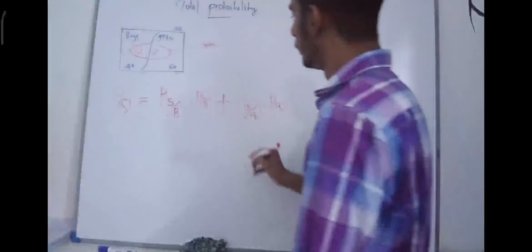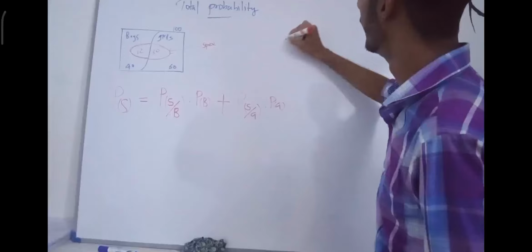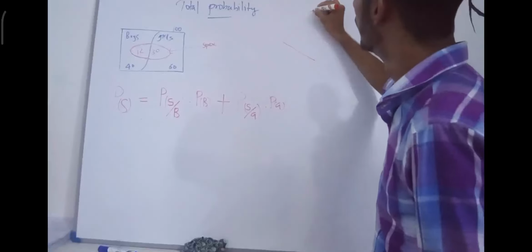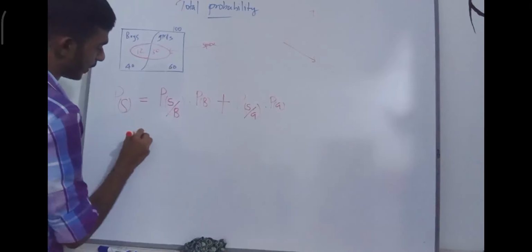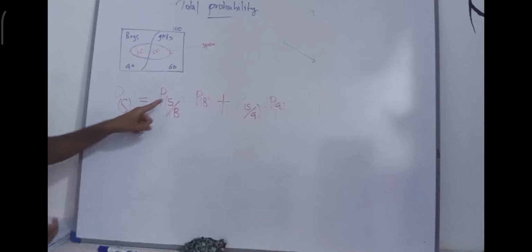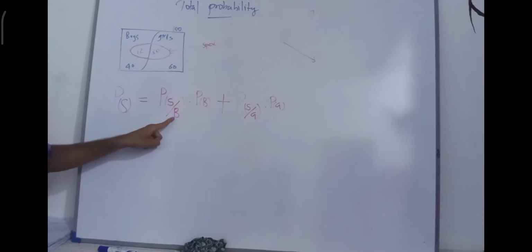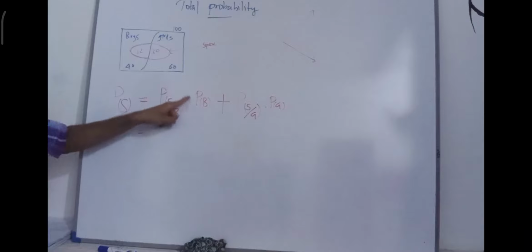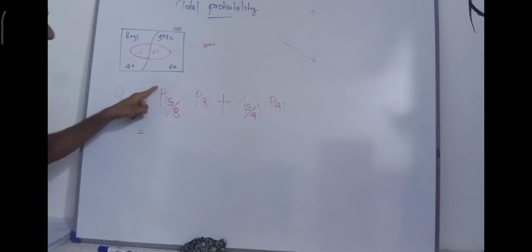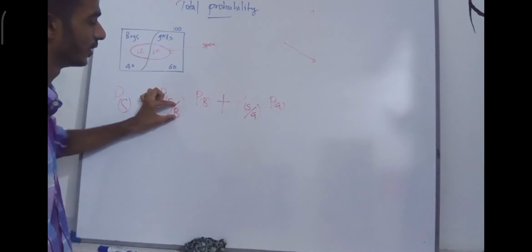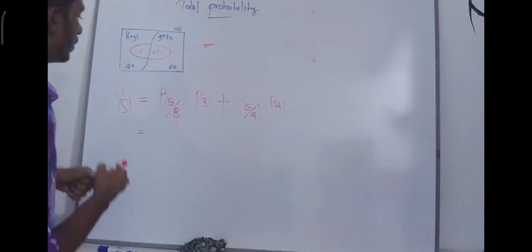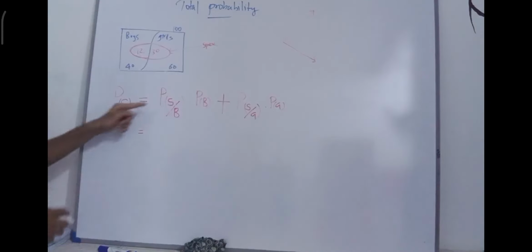Now, let me convert this scenario into a tree diagram. But before that, let me think like this. Probability of wearing spectacles when the student is a boy is a conditional probability.